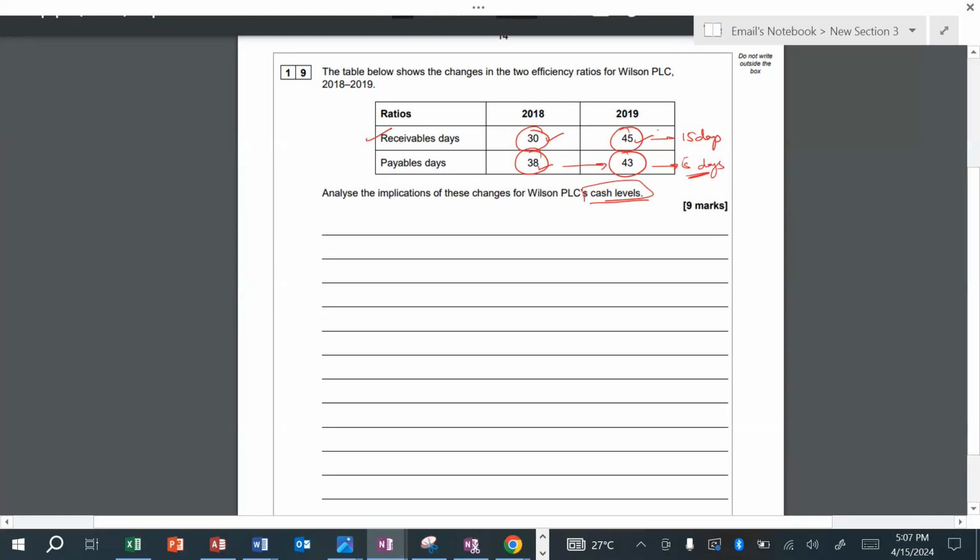So now over here, this thing is a problem. This basically shows that the company might have a liquidity problem, because the customers are now paying up late, which means low cash levels for Wilson PLC.